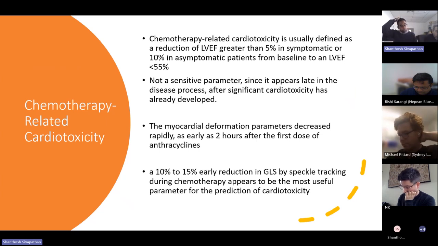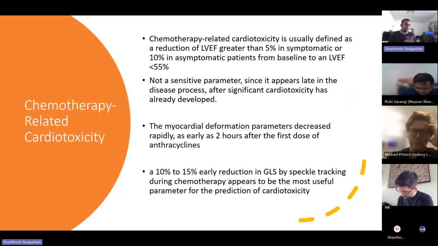With strain, you can detect some subtle variations. So what generally happens is they come in for their clinic echo before they do their chemotherapy, and the GLS is about 18 or 20. Three months or 6 months later, you do another GLS, and it's now 17 or 16. The EF is usually still normal at that point.